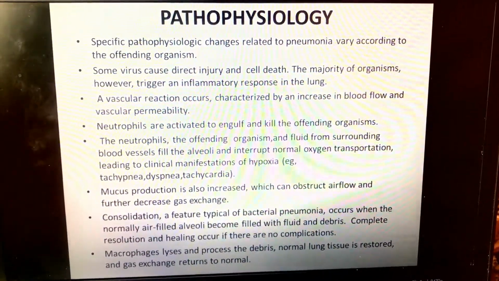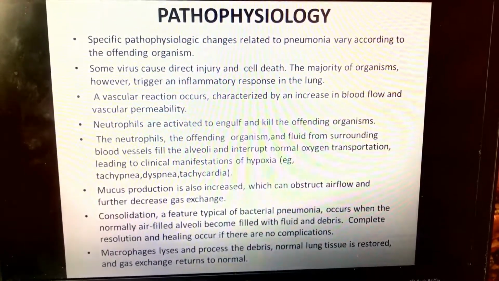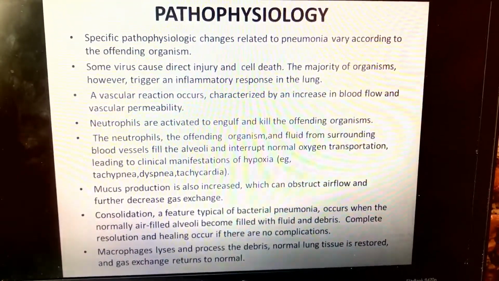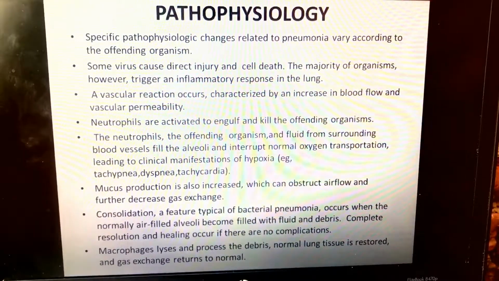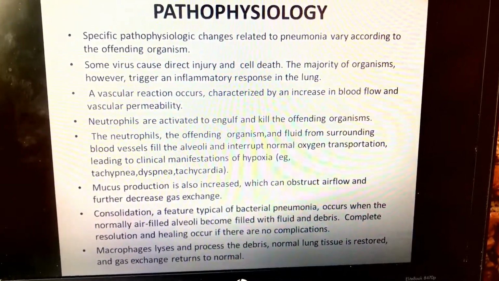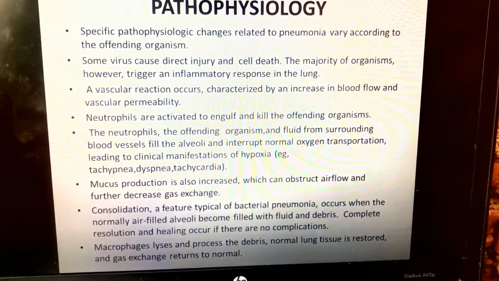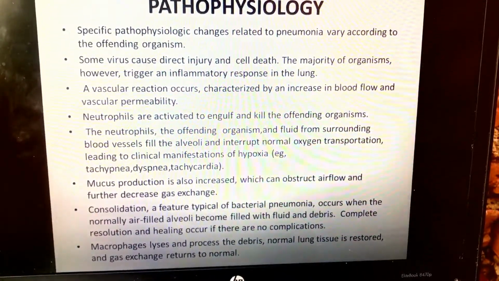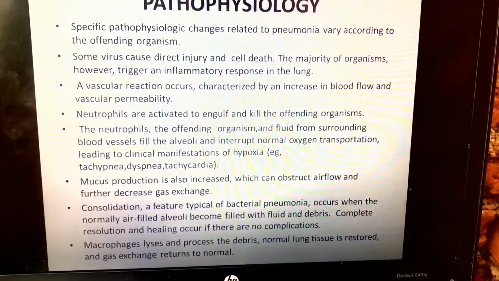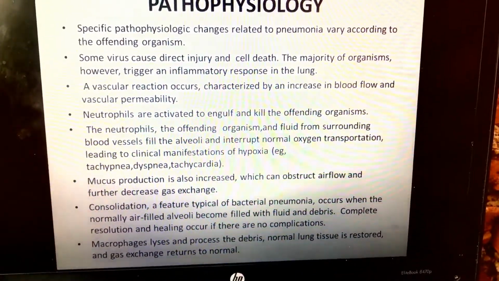Pathophysiology of pneumonia. Specific pathophysiologic changes related to pneumonia vary according to the offending organism. Some viruses cause direct injury and cell death. The majority of organisms, however, trigger an inflammatory response in the lungs.